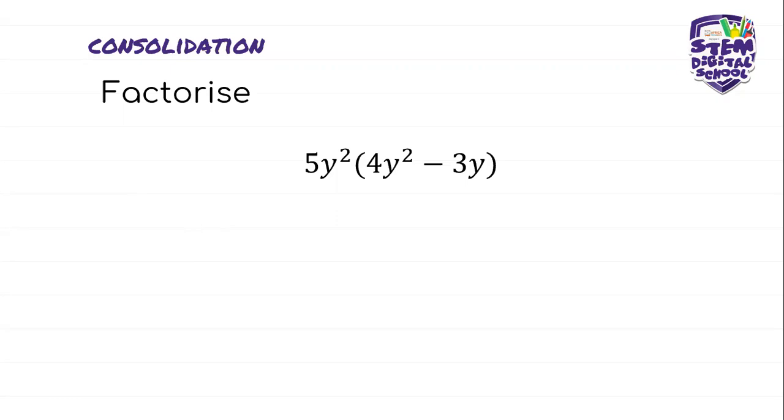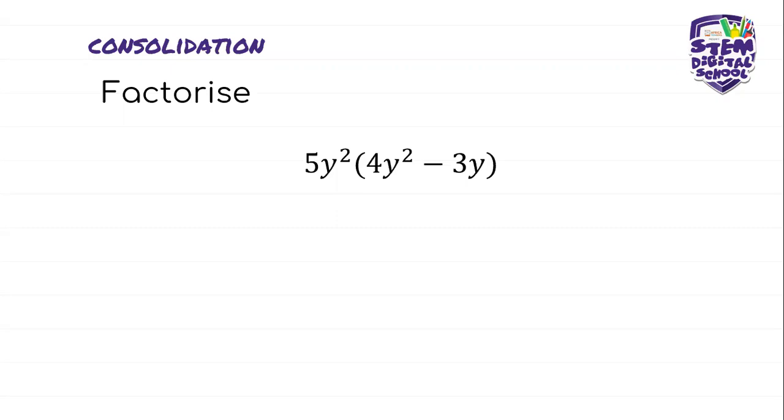So the first term there will be 20y to the power of 4. And then minus 5 times 3 is 15. Y squared times y is y to the power 3. So you'll have 15y to the power of 3.